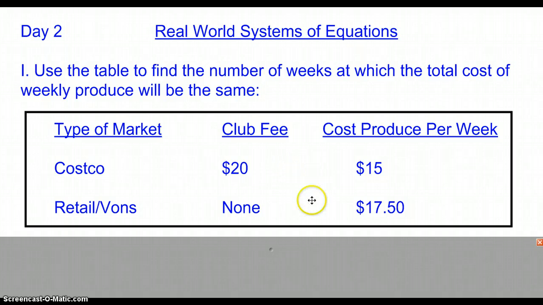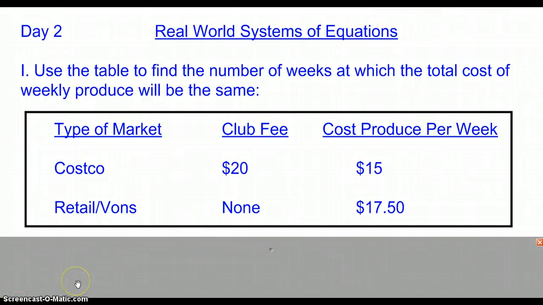So as we look at this example here, each week the same amount of produce would cost you something different depending on where you buy it. At Costco, the produce would cost you $15 a week, while at a retail store like Vons, that same produce would cost you $17.50 for the week.